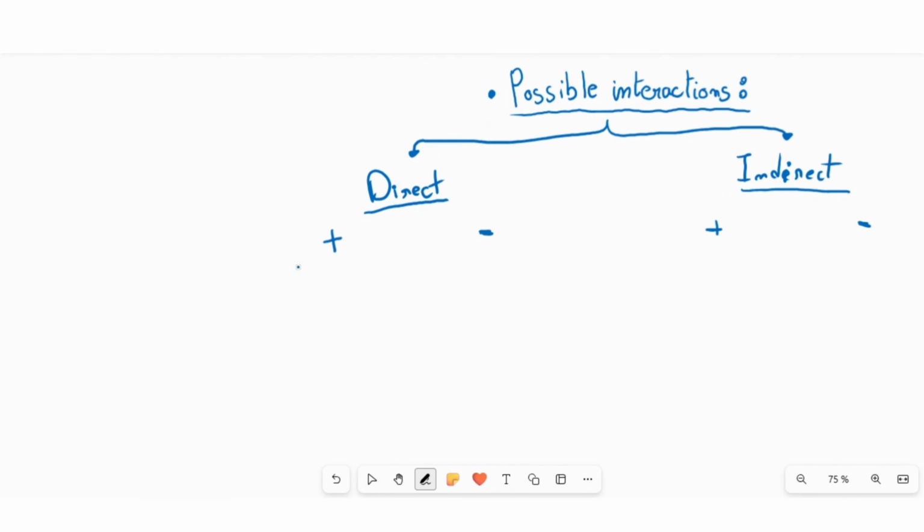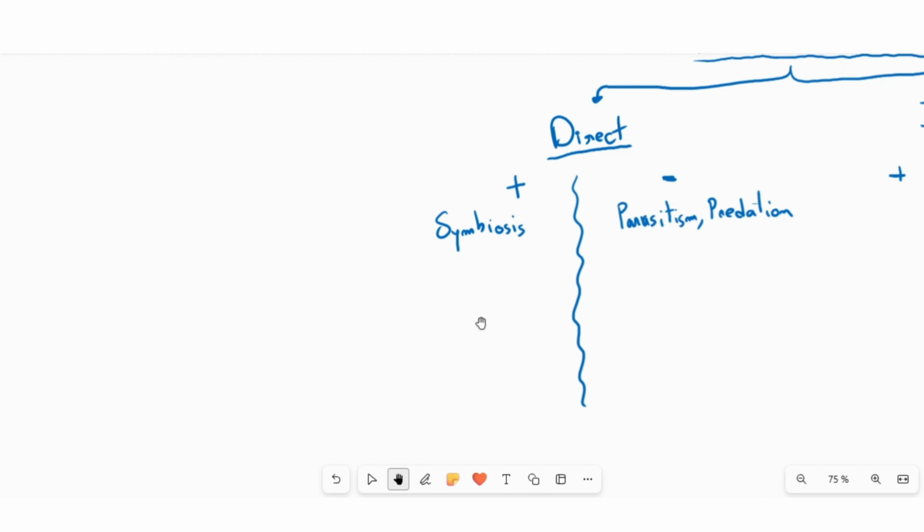For the direct positive, we have symbiosis. For the negative, we either have parasitism or predation. And while these two may seem the same, we're going to see a very small distinct difference that's important to distinguish between them. So let's look at symbiosis. When we say symbiosis, we say survival.